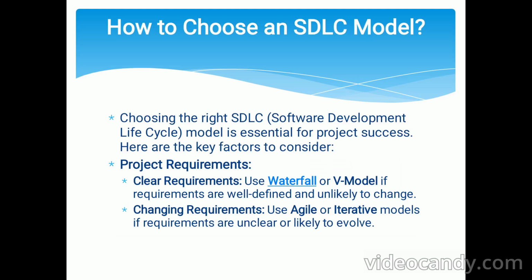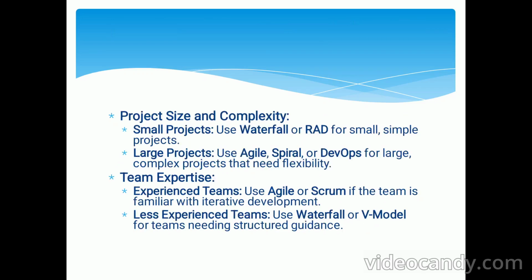Then finally, how to choose an SDLC model. The SDLC model mainly focuses on the project requirements. Clear requirements are initially needed for the efficient development of your product. If any changes occur, changing requirements are also possible with software development models like Agile and iterative models.